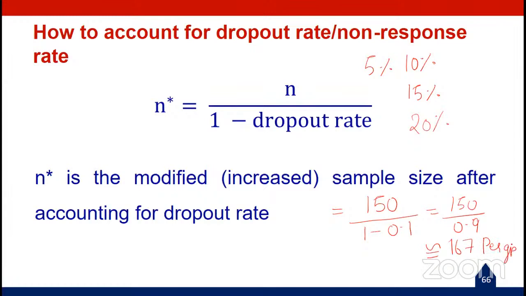After accounting for the dropout rate of 10%, our sample size would be 167 per group. It is always advisable to account for a dropout rate if you are doing a prospective study, or non-response rate if you are doing a survey, a descriptive study.